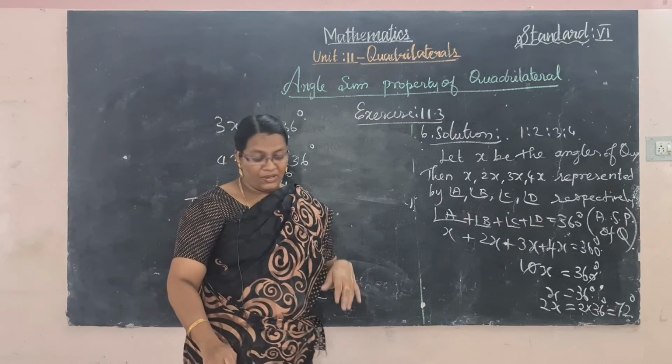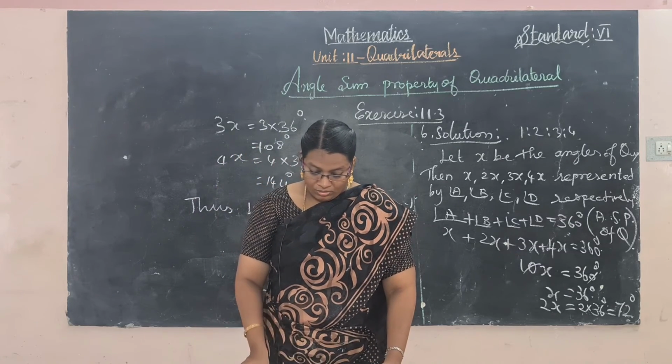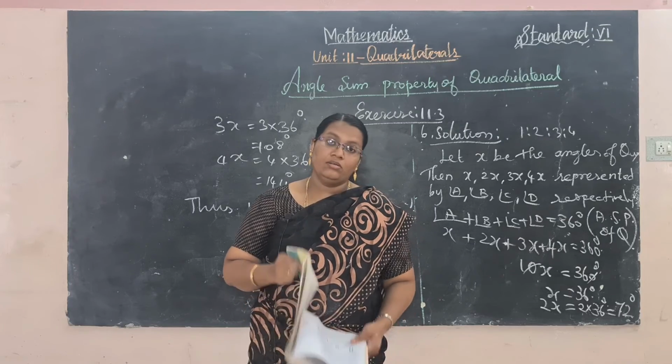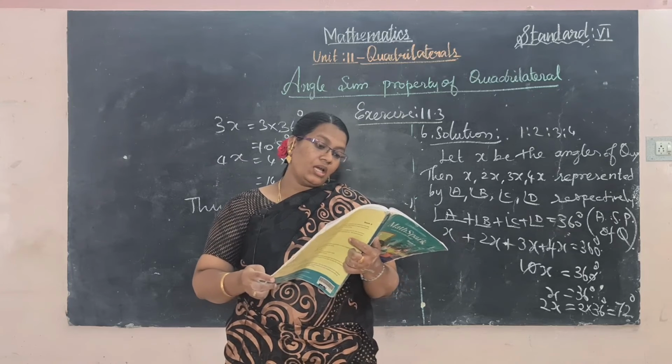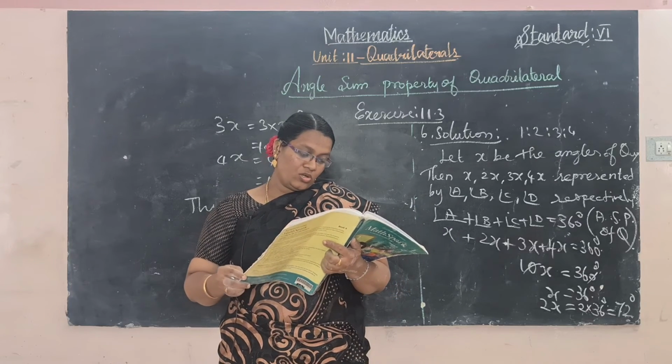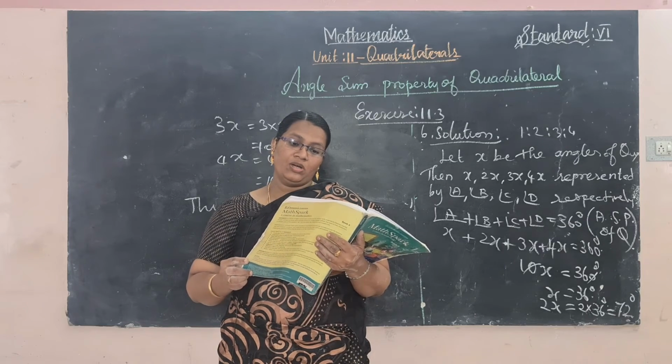So the exercise is complete. The first two problems are homework, and now we will do worksheet 1, which is related to this concept. That is also homework. Only the 9th problem I will do now.